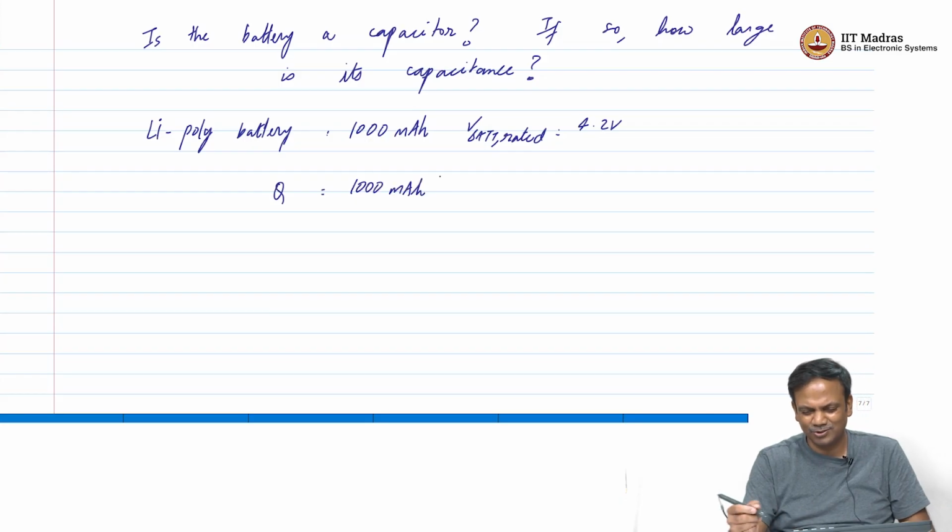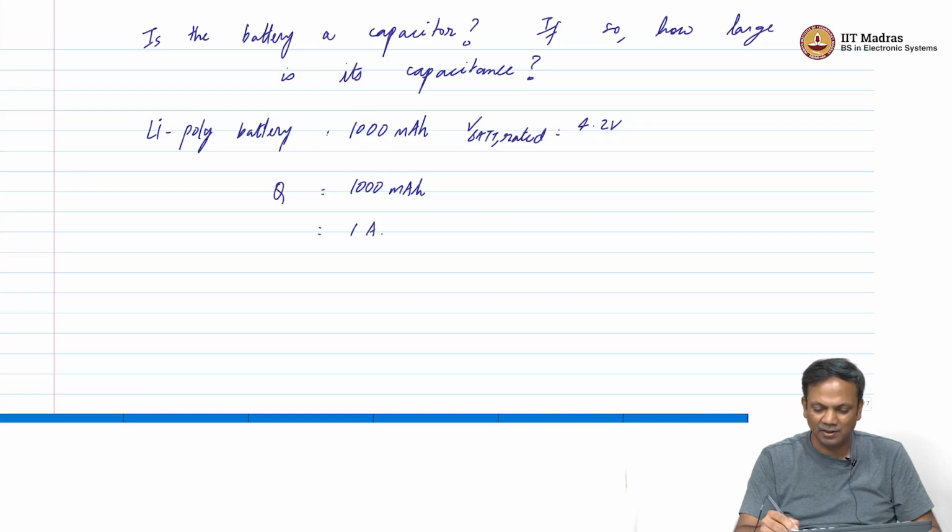The first thing I want to do is convert this into a unit that I am used to with charge, which is coulomb. So, how do I go from a milliamp hour to coulombs? I am going to say this is equal to 1 ampere hour, which is 1 ampere into 1 hour.